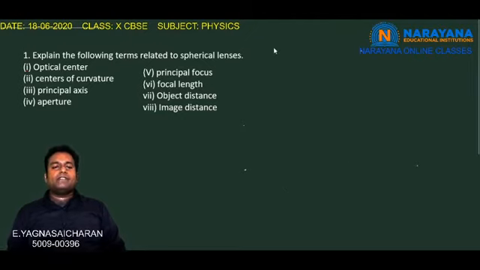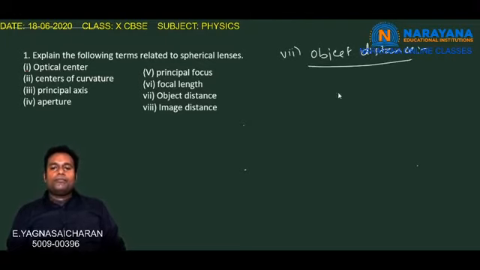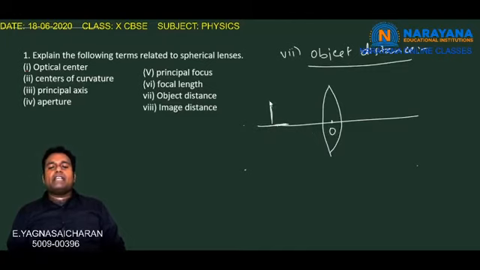So the next one is object distance. So let us consider this is the lens and it is the optical center or the pole. If we place the object in front of this lens, so let us consider this is the object.